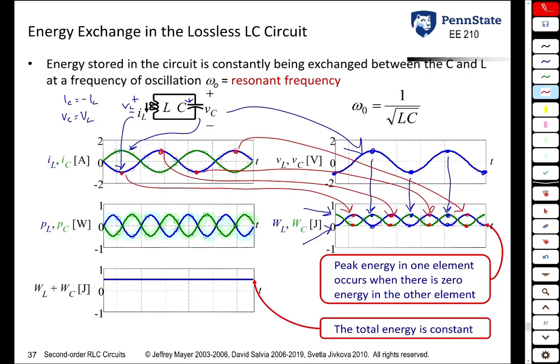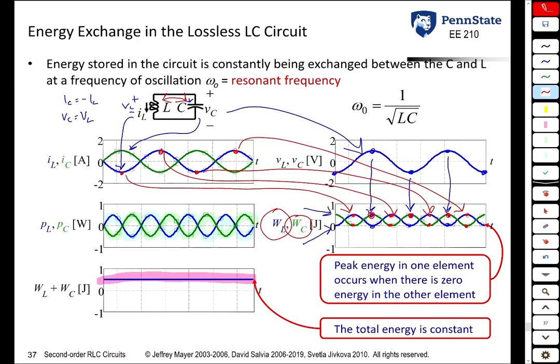But an interesting result is the total energy, which is the sum of the inductor energy and the capacitor energy itself, is constant. In other words, all that's happening during this oscillation is the energy keeps on going back and forth between the capacitor and the inductor. At some points in time, all the energy is stored in the capacitor, there, there, and there.